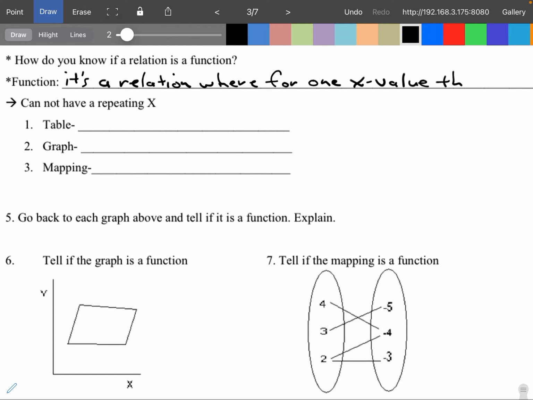How should I put this? It's a relation where for one x value, there has to be exactly one y.